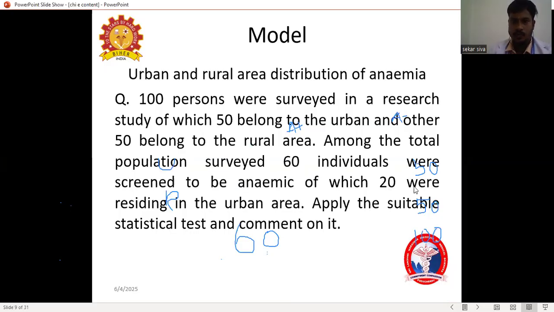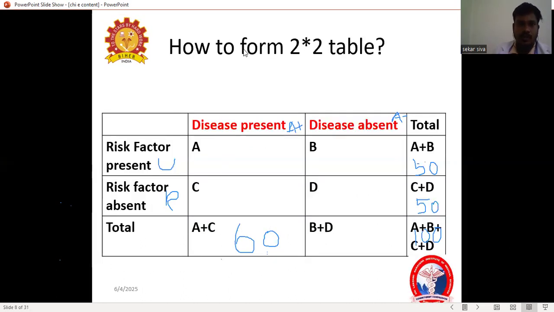60 individuals were screened to be anemic, of which 20 were residing in the urban area; apply the suitable statistical test. So here 20 will be residing in urban.